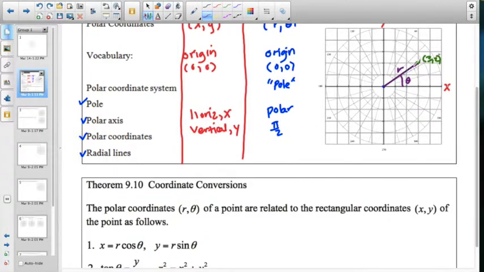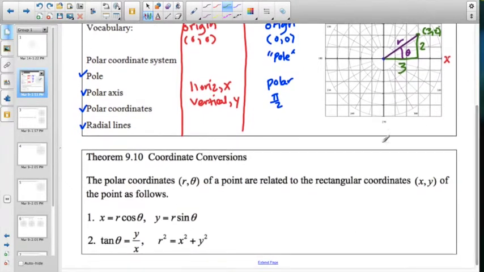And so if we think about then building that right triangle here, then we have a distance of 3 and a distance of 2, and r happens to be the hypotenuse of that right triangle. So that accounts for the Pythagorean theorem identity there.